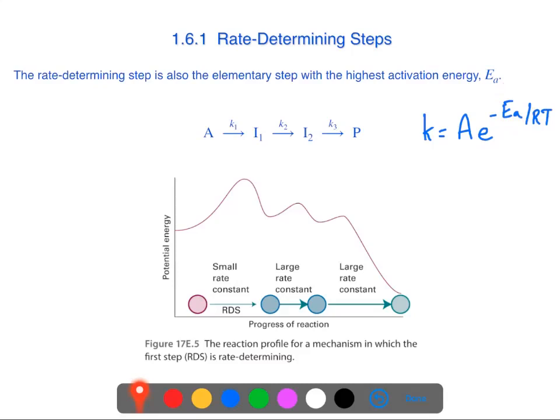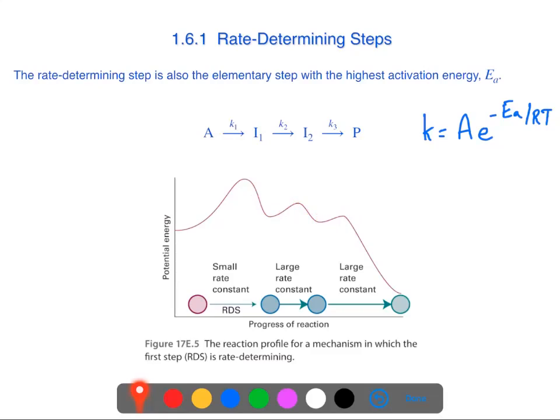And the opposite is true, that if you have a very small activation energy, you'd expect that the magnitude of the rate constant for that elementary step would be quite high. So this step from reactant A to the intermediate I1, having the rate constant with the smallest magnitude, will be your rate determining step. And so the rate determining step will have the highest activation energy. And then steps of larger rate constant magnitude will have lower activation barriers, as shown in this example.